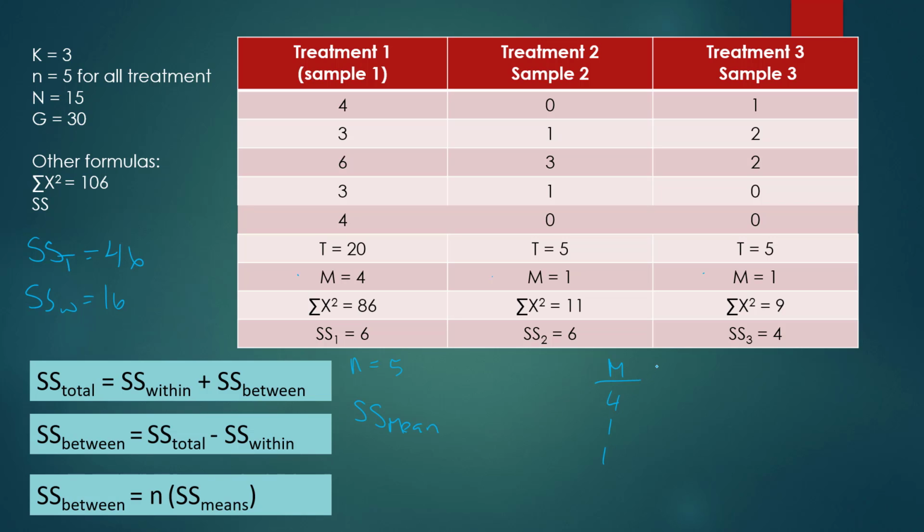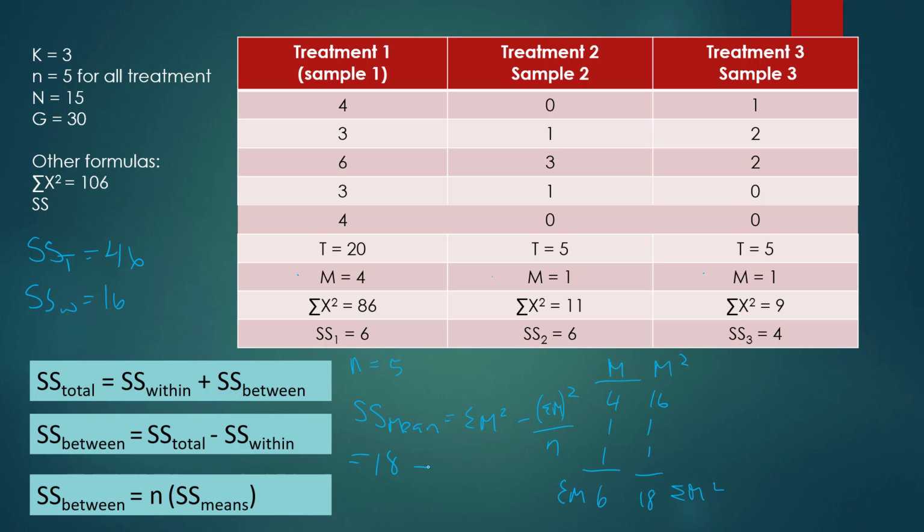And in order to do my formula, those values give me the sum of the means is 6, and the sum of the mean squares is 18.